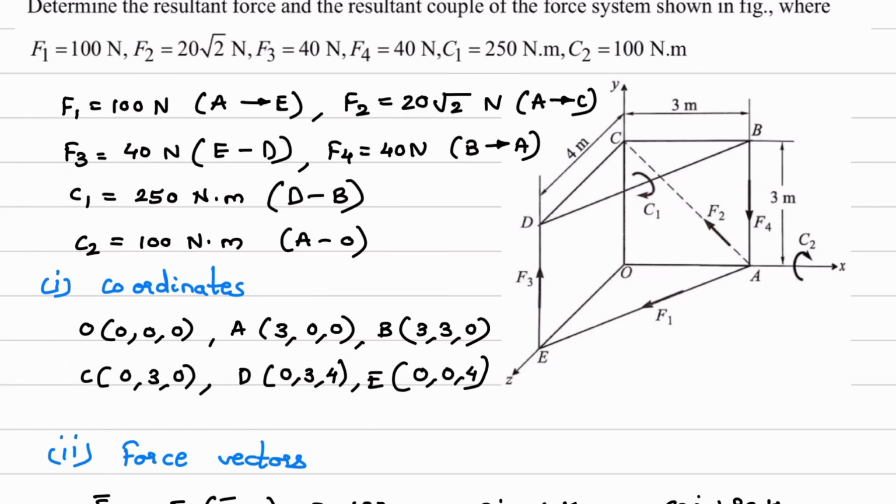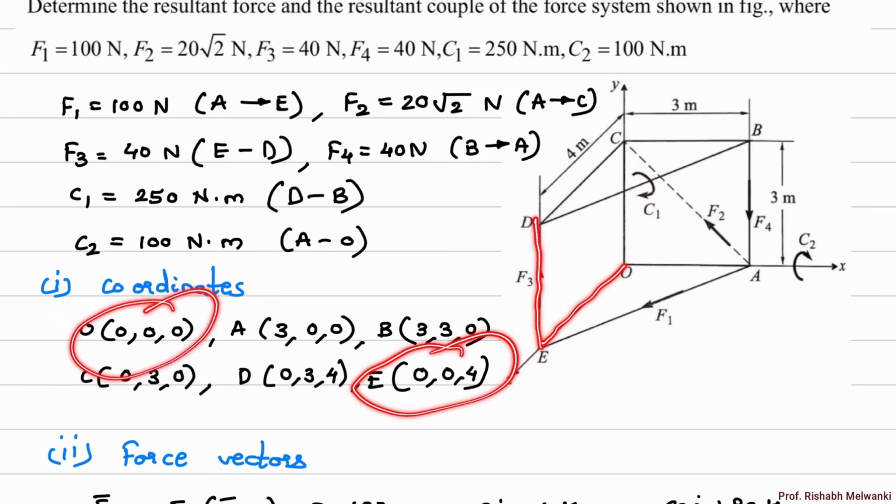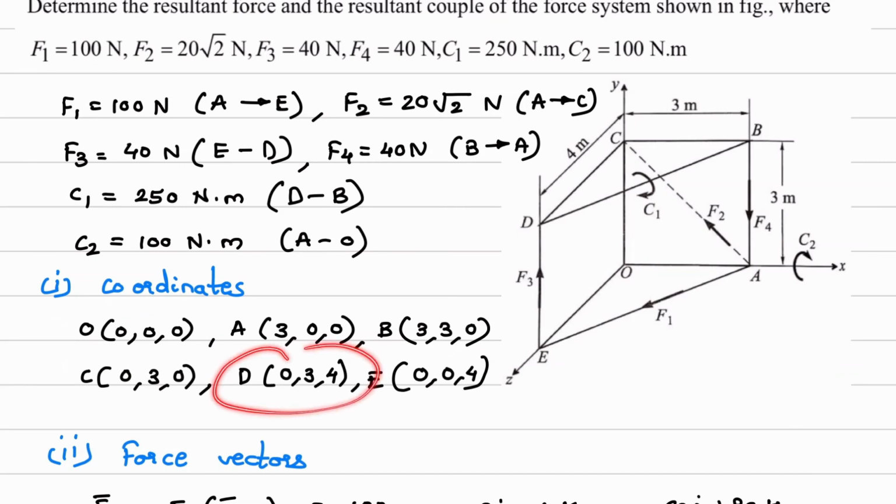For the F3 force, the position vector will be OE. What will OE be? It will be E minus O, which is 4K. Or you can consider OD, that will be D minus O, so it will be 3J plus 4K.